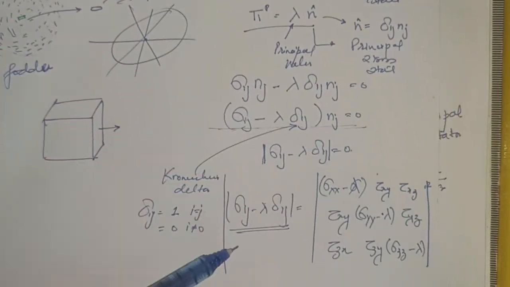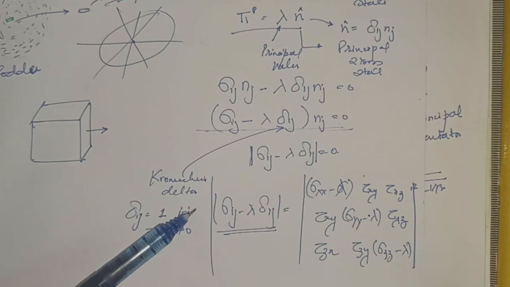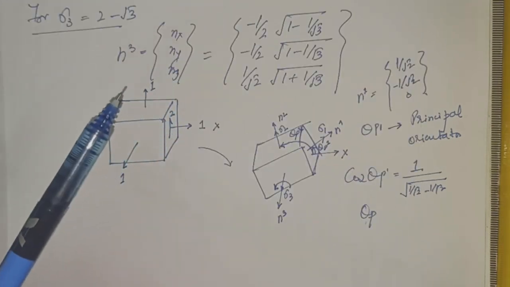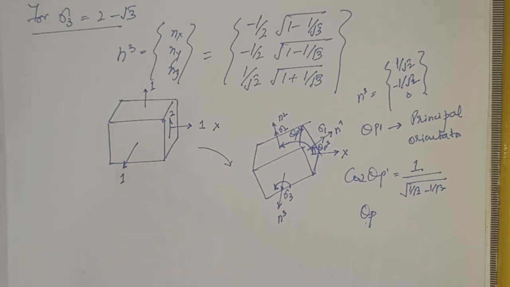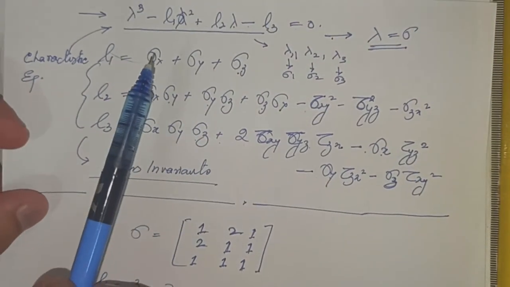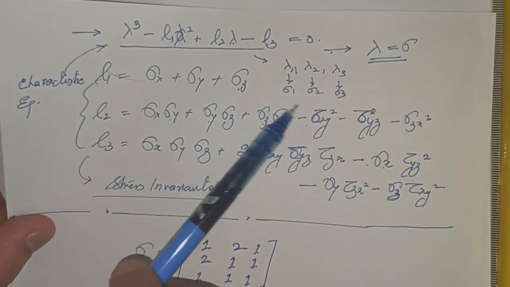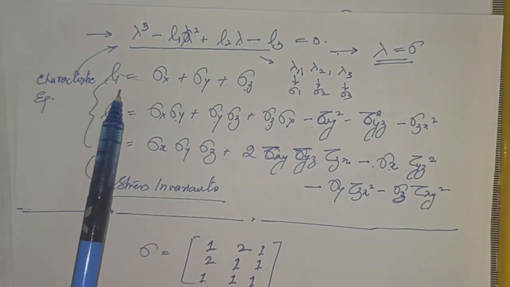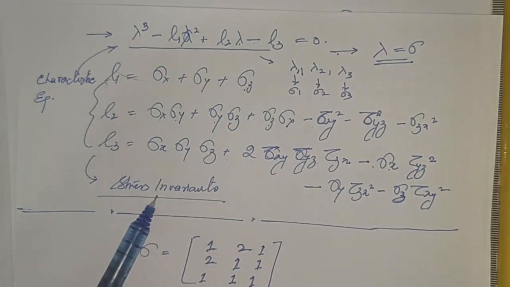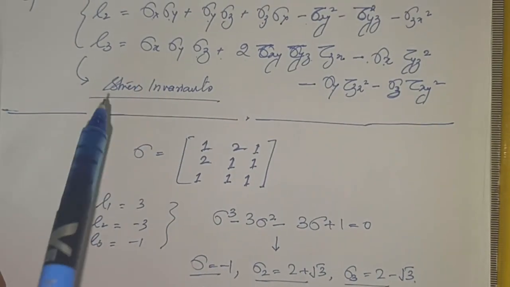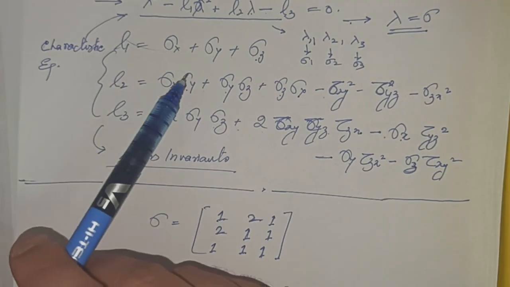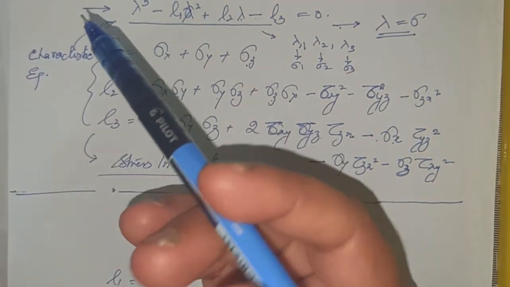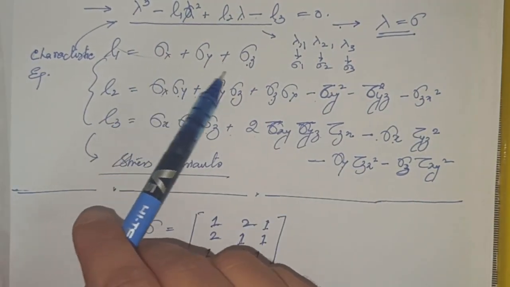Through the eigenvalue analysis we used the characteristic equation, which led us to I1, I2 and I3. These were the stress invariants, and the stress invariants have the same values before and after the transformation. So these are the physical components.